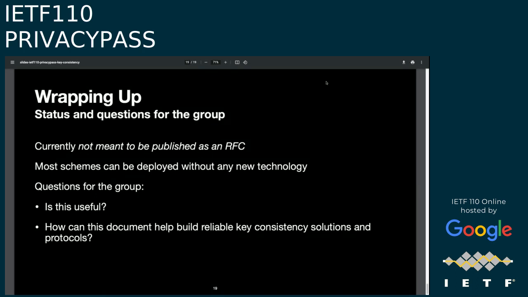We'll note that most of the schemes that I walked through at a very high level could be technically deployed without any new technology. So for example, you could use MASQUE to connect through connect proxies to get keys. The trusted proxy case requires no new technology, just use HTTPS to fetch a key from a proxy.